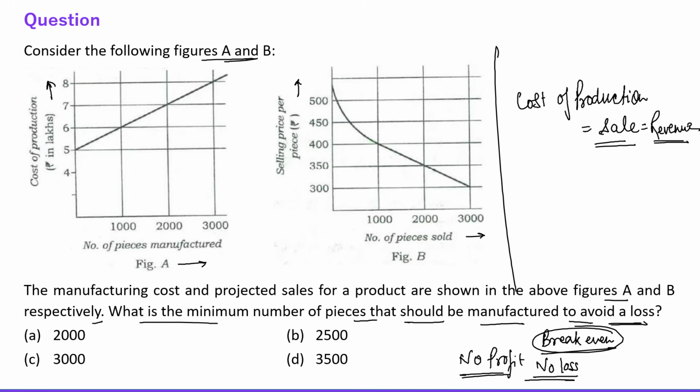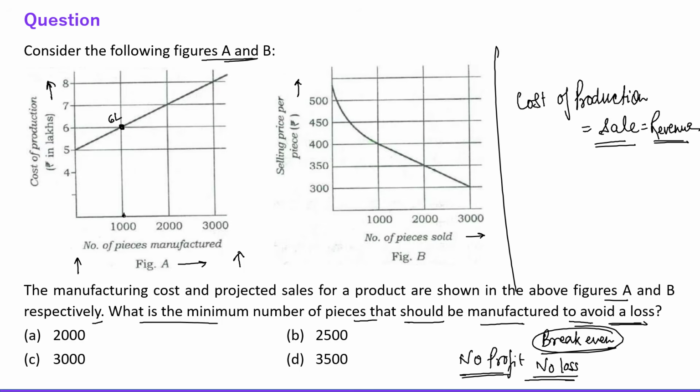So let's talk about figure A. Everyone just concentrate on figure A. Here, when we are manufacturing 1000 articles, we are spending around 6 lakhs as the manufacturing cost.